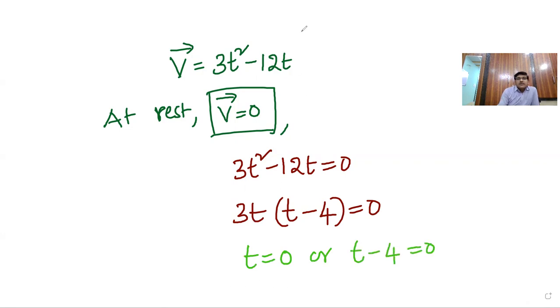That means finally t is equal to 0 or t is equal to 4 seconds. The body is at rest at t is equal to 0, or at t is equal to 4 seconds.